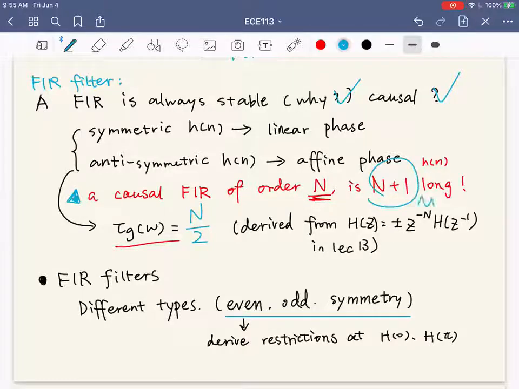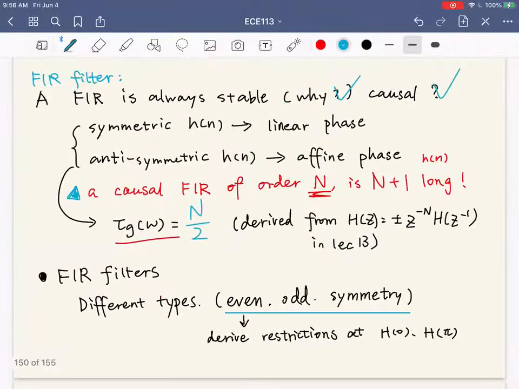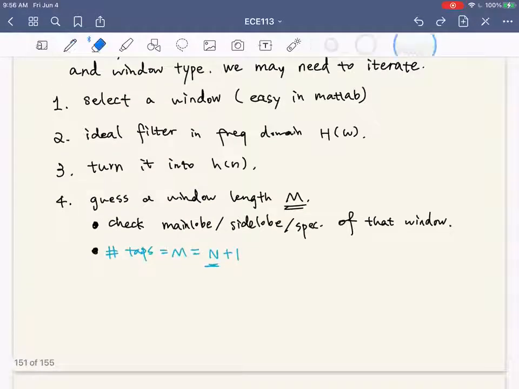So when the window is big M, the window itself can also be counted as a FIR because the window is finite in time domain, okay? So when you apply the window of M length, the original FIR will also be truncated to have the length of M, right? So the order will also become M minus 1. Anyway, putting an N here is misleading, so let's still use M.